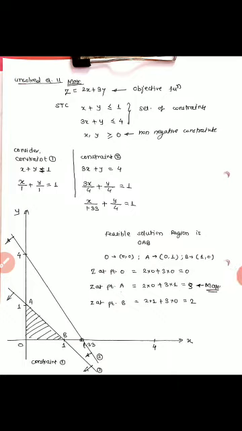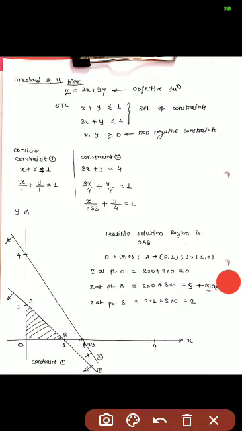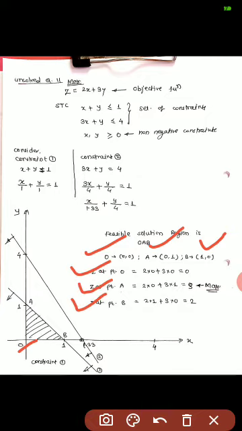So let's see how we can get the optimum solution. First what we have to do is get the coordinates of all the corner points. So the coordinates of point O is 0, 0, the coordinates of point A is 0, 1 and the coordinates of point B is 1, 0. So after finding the objective function value for all these three corner points, we will get 0, 3 and 2, of which the maximum value is 3.